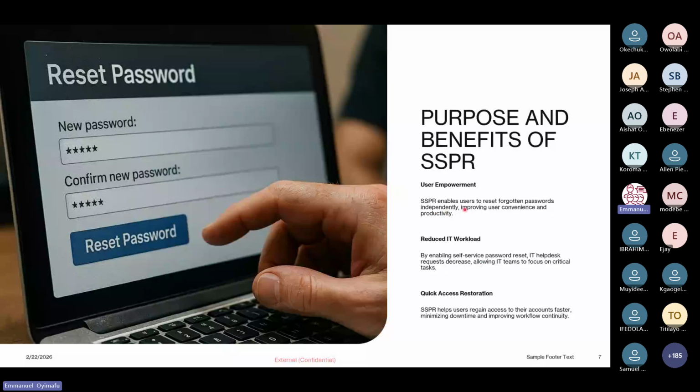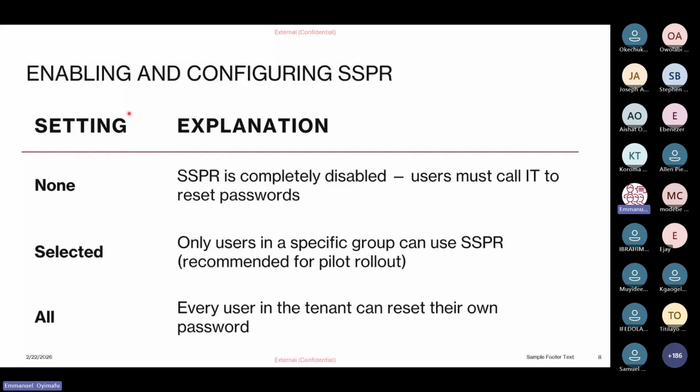Now that we know the benefits, let's see how we can configure SSPR. These are some of the basic settings for SSPR. If you are setting up SSPR, you have three options. You could set it to none. What none means is that self-service password reset is completely disabled.